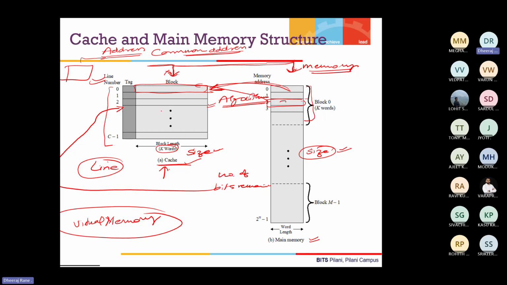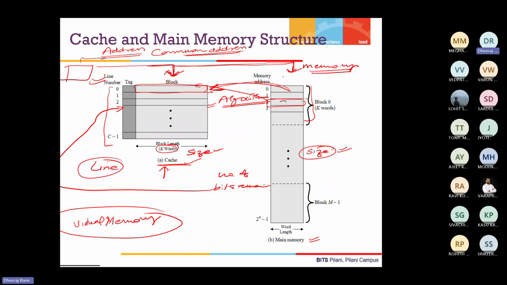If I were able to locate it anyhow within the cache, then I could have put it in any of the available space or I could have replaced any of the blocks within the cache. But the thing is, we are generating a common address and that address itself is being utilized for accessing cache as well as your main memory.